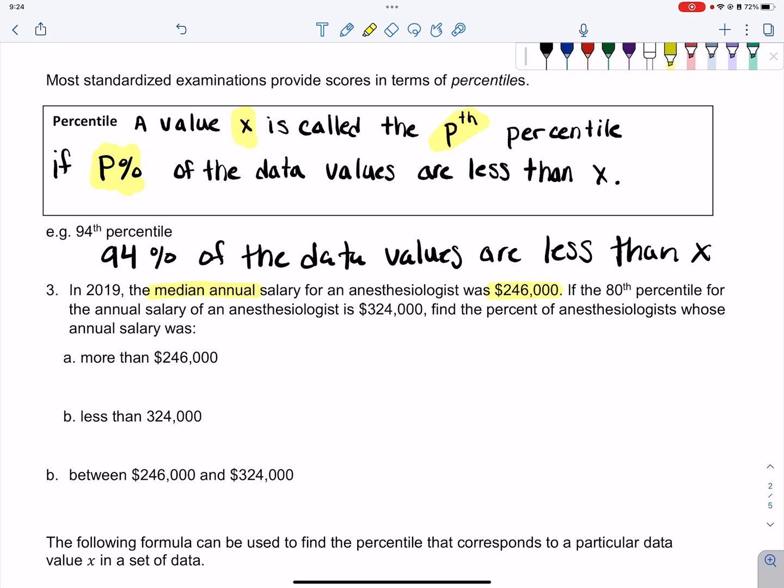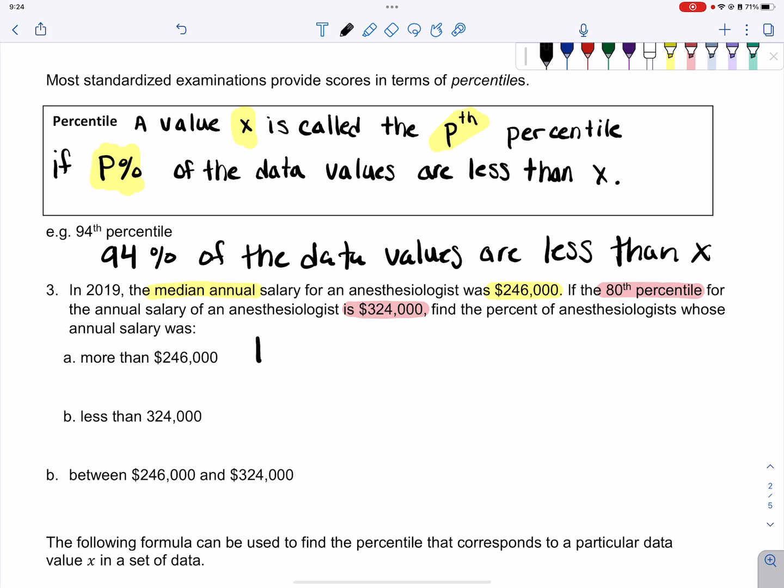And then we're also told the 80th percentile for the annual salary of an anesthesiologist was $324,000. And now we want to find the percent of anesthesiologists whose annual salary was more than $246,000, less than $324,000, and in between those two values.